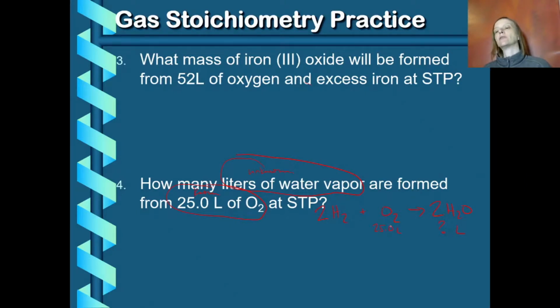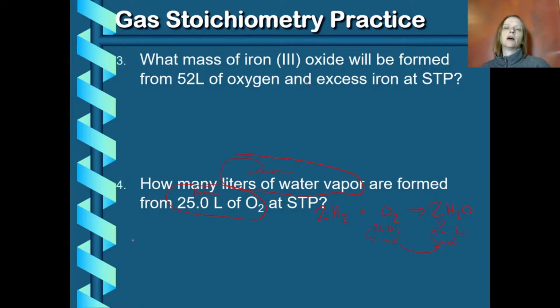So I have to convert from liters to moles so that I can use my mole-mole ratio to calculate the number of moles of my unknown, and then I need to use my number of moles to calculate liters. So this is a 3-step process.